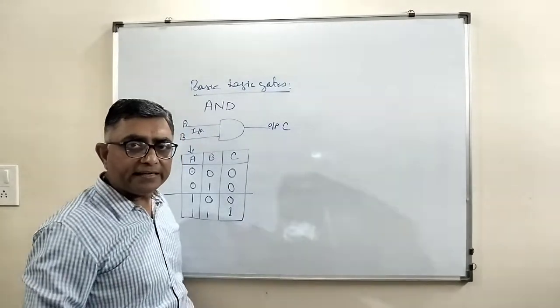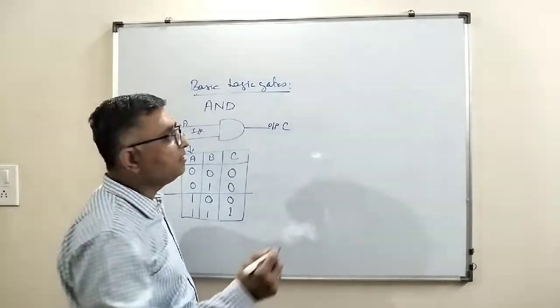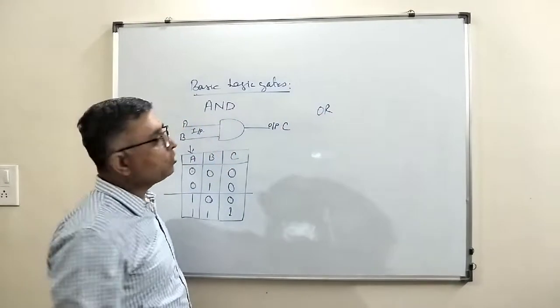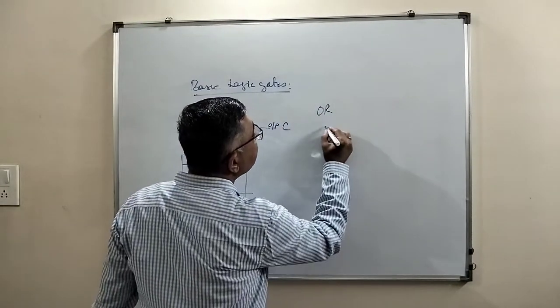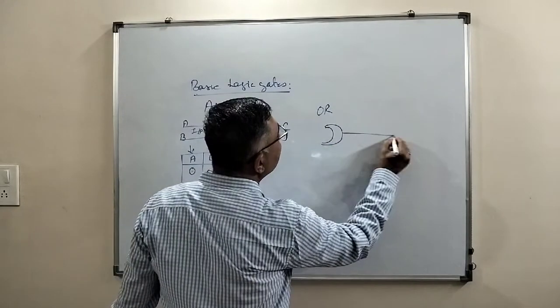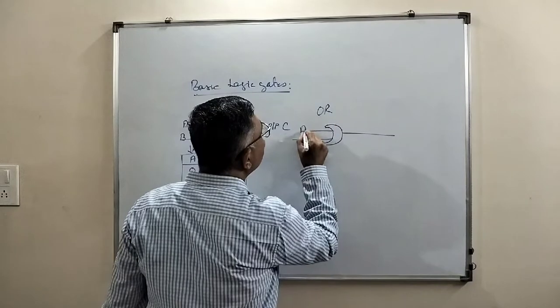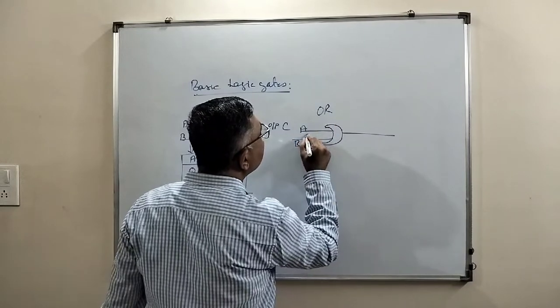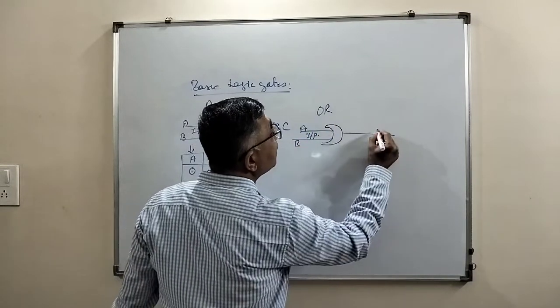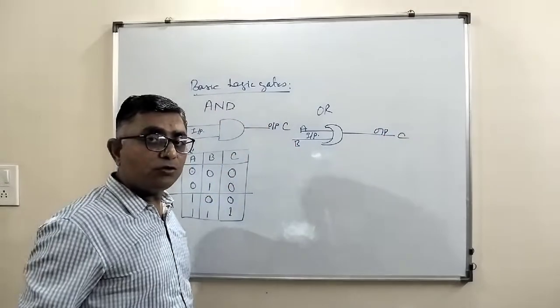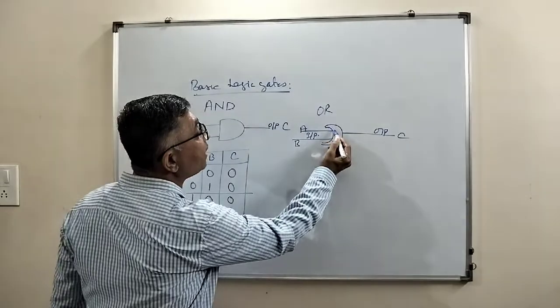Now, the second gate we would like to discuss in this video is OR gate. So the symbol of OR gate is like this. A, B are the two inputs and this is the output, say C. Here what you have to take care of is this shape.